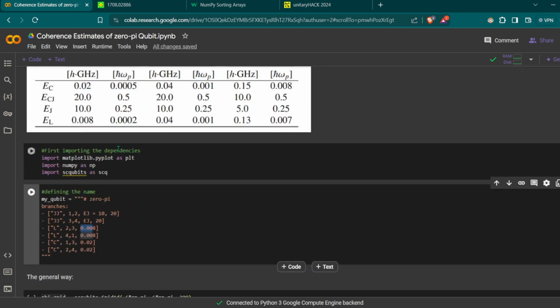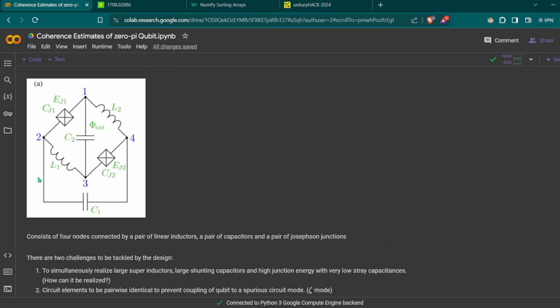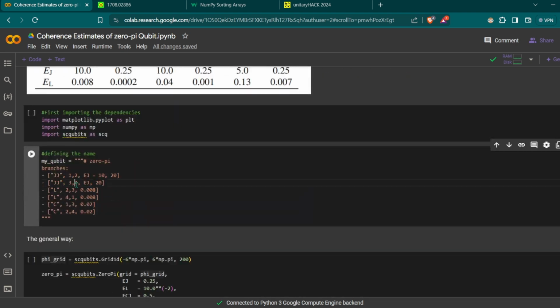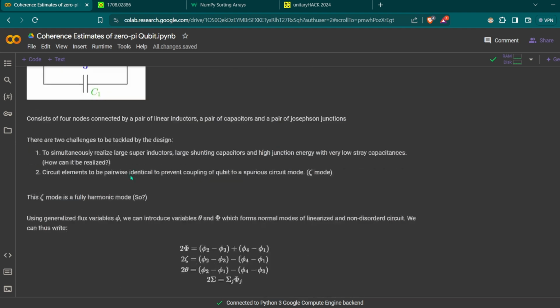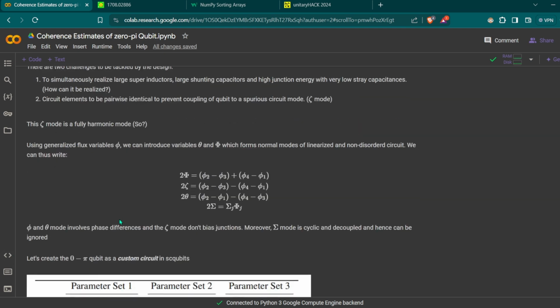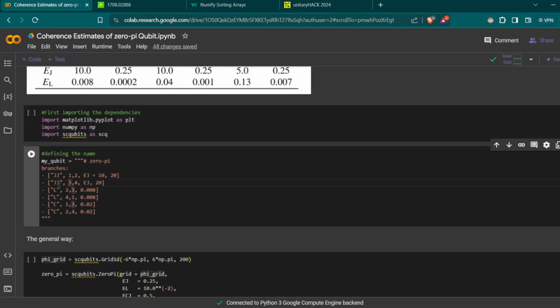And now we can also look at the circuit, which basically shows all the nodes which are present. As we can see from this circuit representation, the Josephson junction is present between the first and second node and the third and fourth node, and it's mentioned as such in here too.